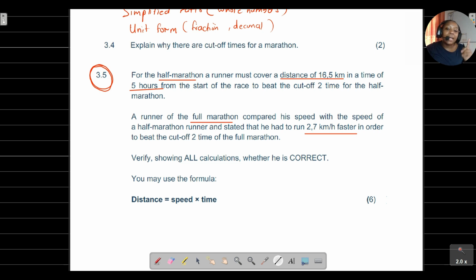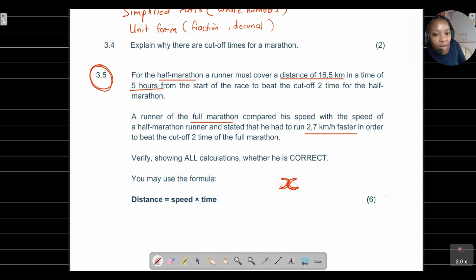When you're told that he needs to run faster, it means we first need to determine the speed of the half marathon runner. I'm going to put X there.